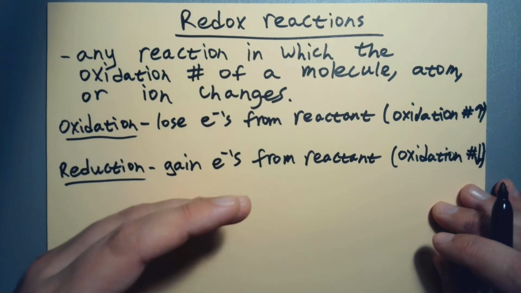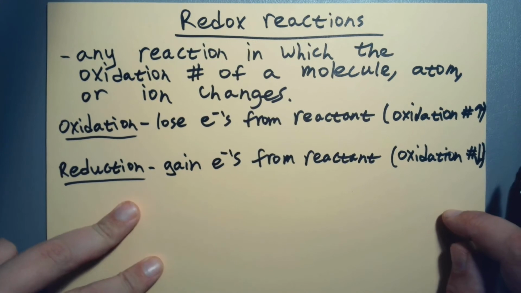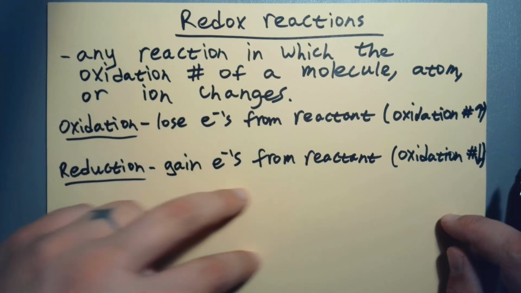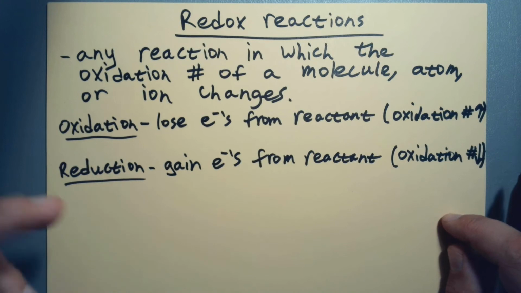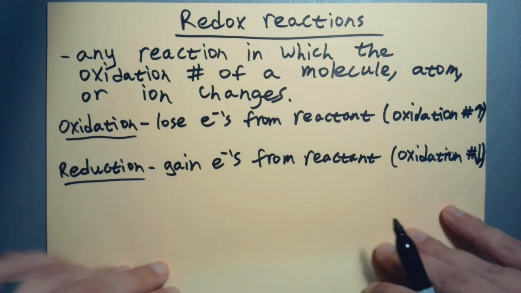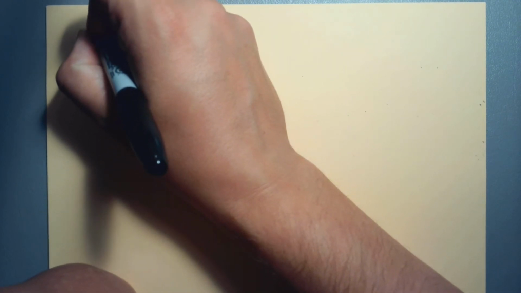But when it really comes down to it, you just have to remember two types of reactions and which way for them is an oxidation, and that the reverse of that is a reduction. And so the first type of redox reaction, we're only going to focus on organic compounds here, is dehydrogenation.